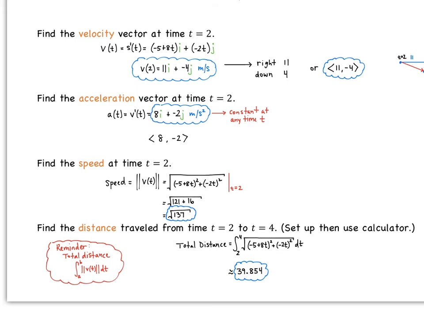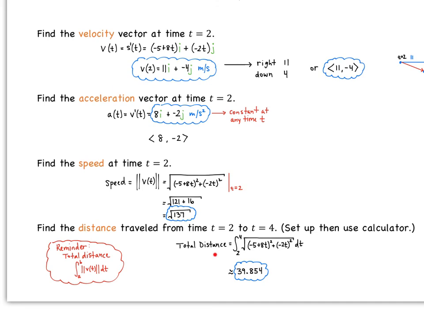And then finally, if we want to know the total distance traveled from time t equals 2 to t equals 4, remind yourself, this could go on your running cheat sheet. That total distance is the integral from a to b of the velocity there, the magnitude.